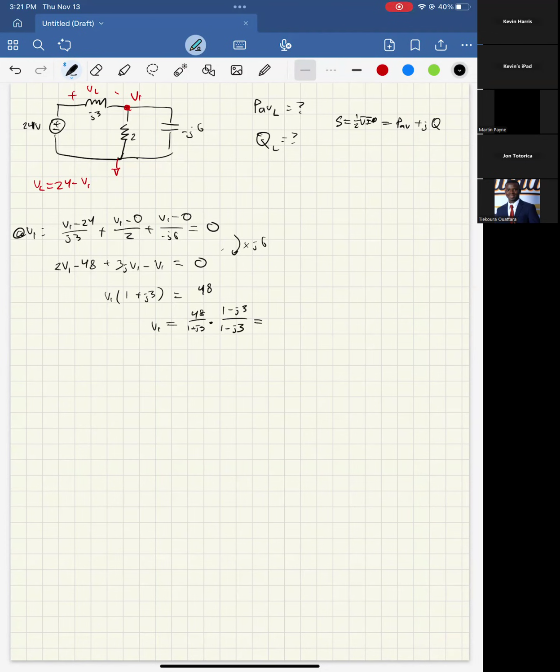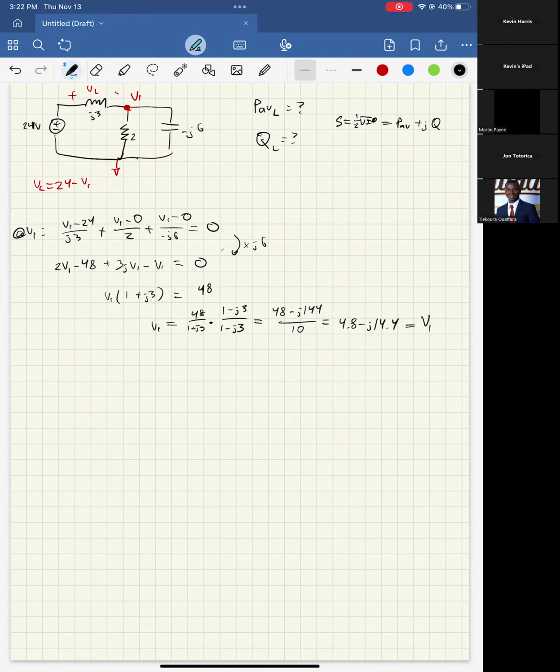And we get 48 minus what's 48 times 3? It's 144. Minus j144 over 3 squared plus 1 squared, which is 10. And dividing by 10, it's 4.8 minus j14.4. Okay, so we found V1.